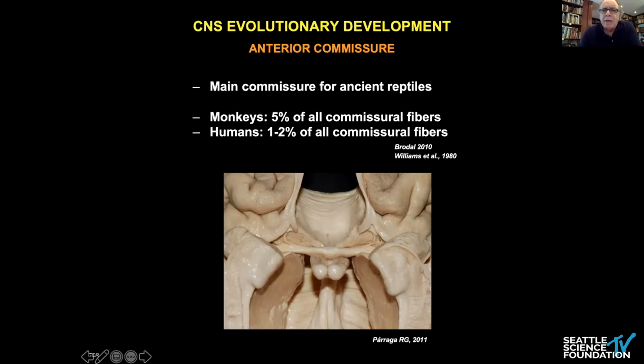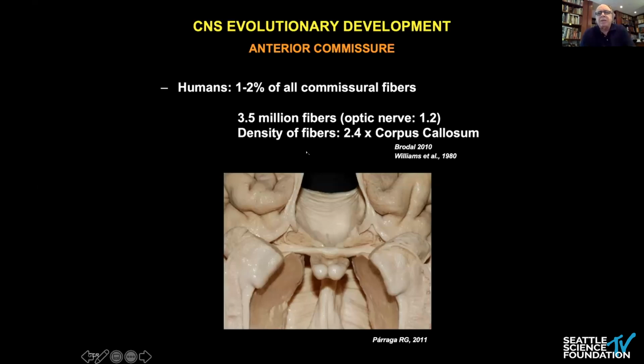You see that nowadays it has just 5% of these fibers in monkeys and 1-2% in humans. And to see how important this anterior commissure probably was, you see that the anterior commissure still now has 3 times more fibers than the optic nerve, which is our main cranial nerve.